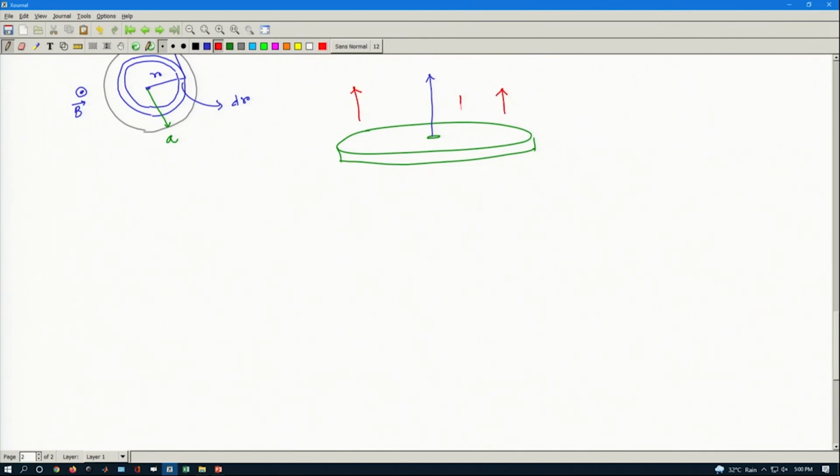So, it is rotating in the environment of external magnetic field B, in this way with an angular frequency omega. Now, there is a separation of the charge, and that leads to EMF.